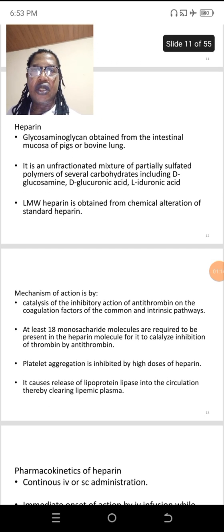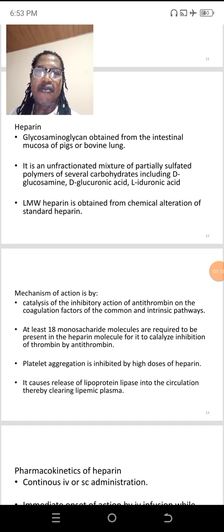The mechanism of action of heparin is by catalysis of the inhibitory action of antithrombin on the coagulation factors of the common and intrinsic pathways, and at least 18 monosaccharide molecules are required to be present in the heparin molecule for it to catalyze inhibition of thrombin by antithrombin.